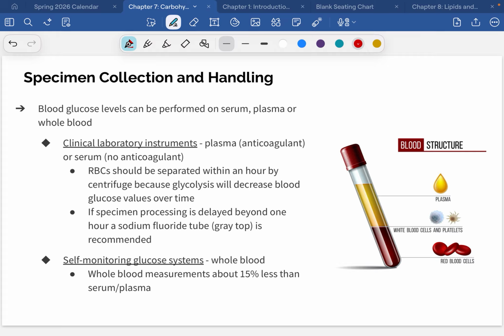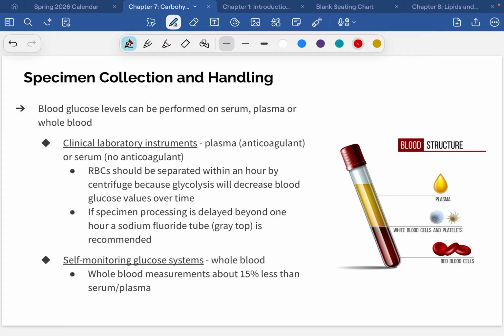And then we're also going to talk about the bread and butter of clinical chemistry: how do we test for that? How do we collect it? What kind of sample is needed? What are the limitations of this test? How is it tested for? We're going to spend a lot of time talking about collection techniques, handling techniques, all kinds of stuff throughout this class. So this is just our first one.